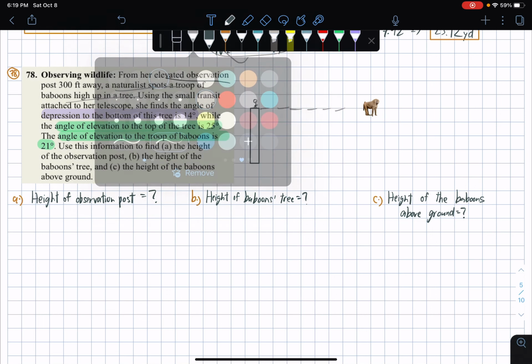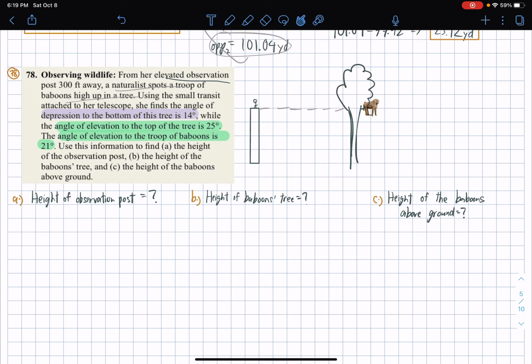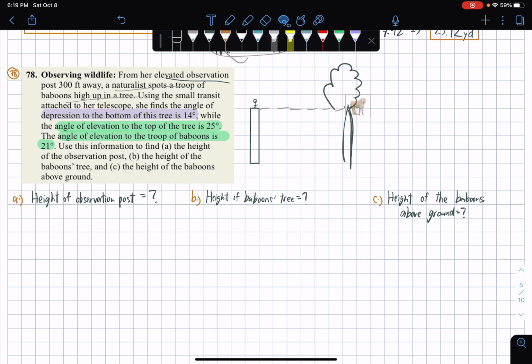So let's just say that this is a tree, and this is the baboon that they are referring to.